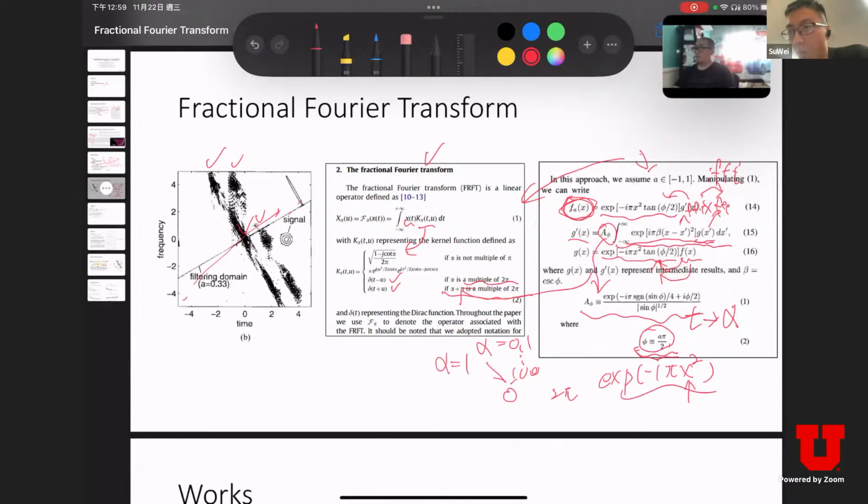So when alpha equals 1, the approximation over there, the definition over there, is just equal to the Fourier transform. That's it when alpha equals 1. So the Fourier transform is one of the... Alpha, I guess what you said is phi here, right?